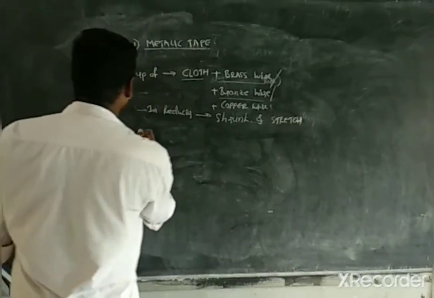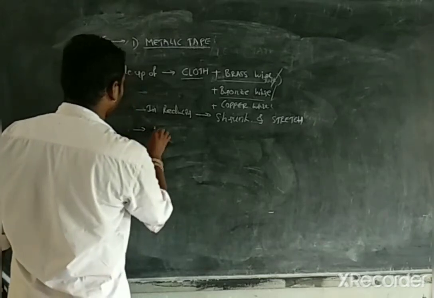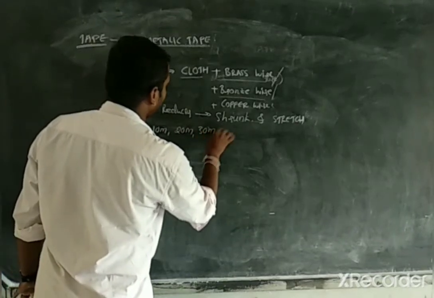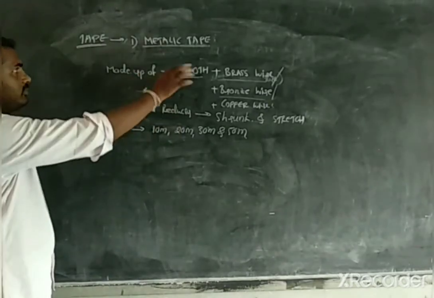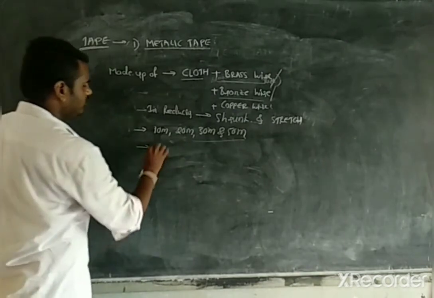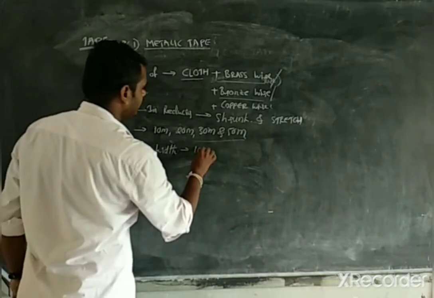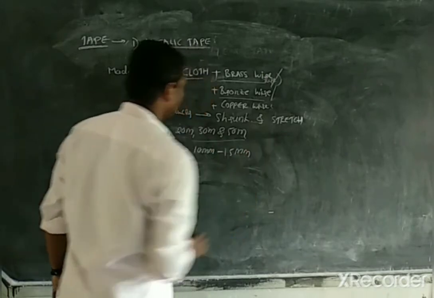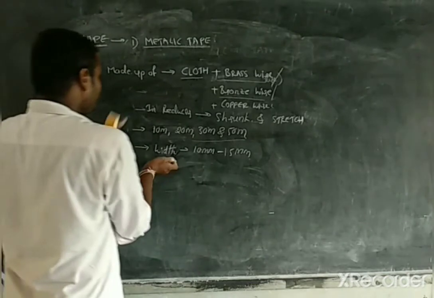Generally it is available in lengths of 10 meter, 20 meter, 30 meter and 50 meter. A steel tape or metallic tape is available in 10 to 50 meter length, and in widths of 10 mm to 15 mm. So this is its availability.